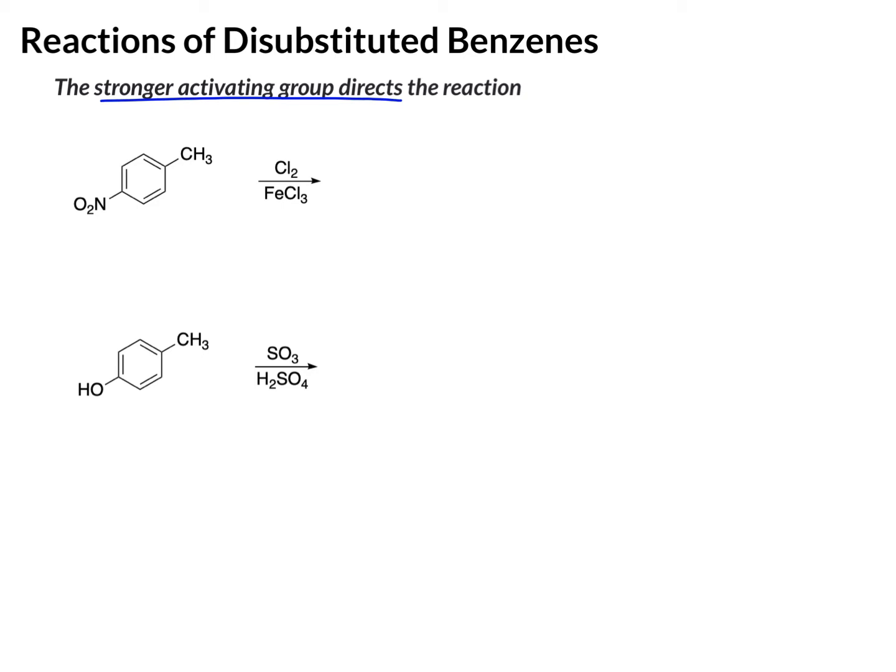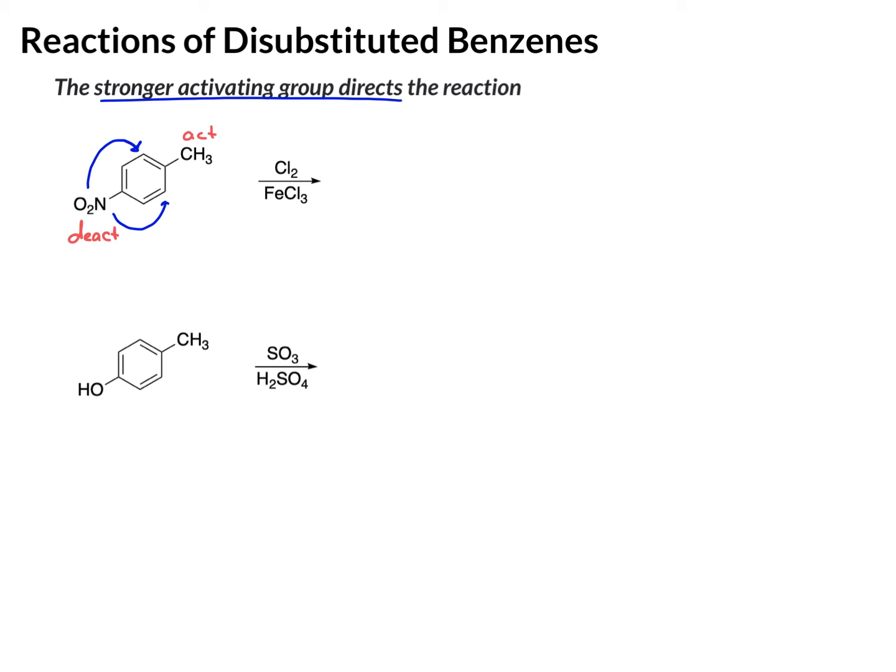In this first example, we have a methyl group and a nitro group on the ring. The methyl group is an activating group. The nitro group is a deactivating group. So in this particular case, the nitro group directs meta to itself.